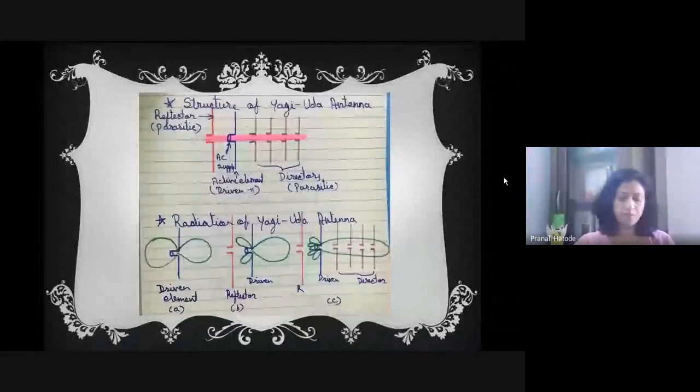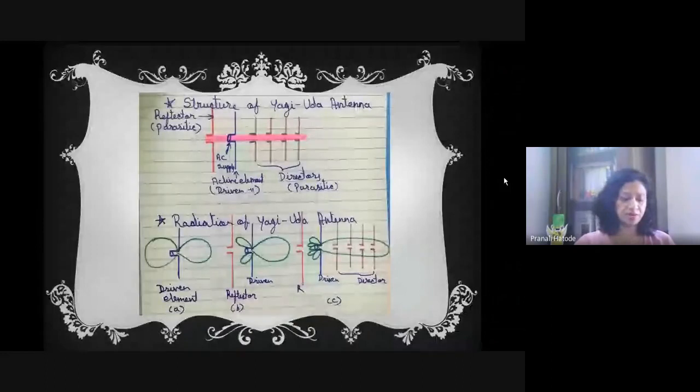Now, in this case, we have directors in association with the driven and reflector elements, so the beam in the front direction gets sharper. The beam width of the main lobe will decrease as you increase the number of directors.